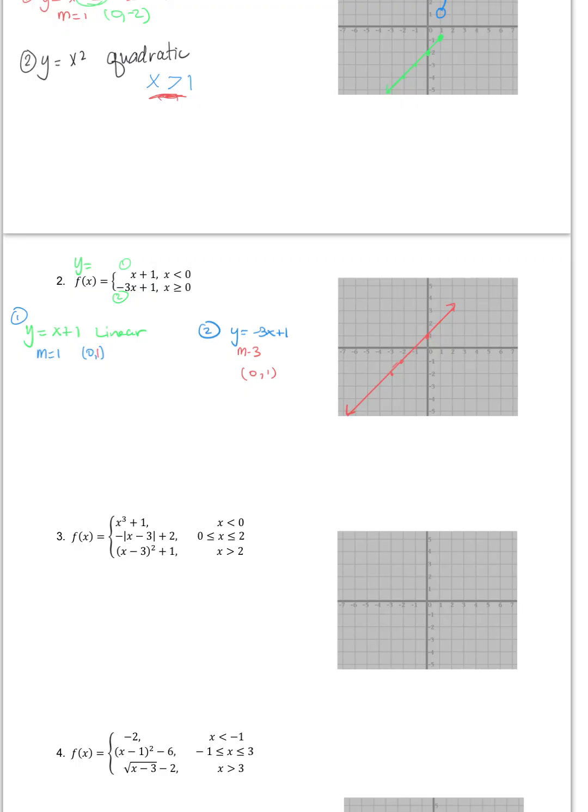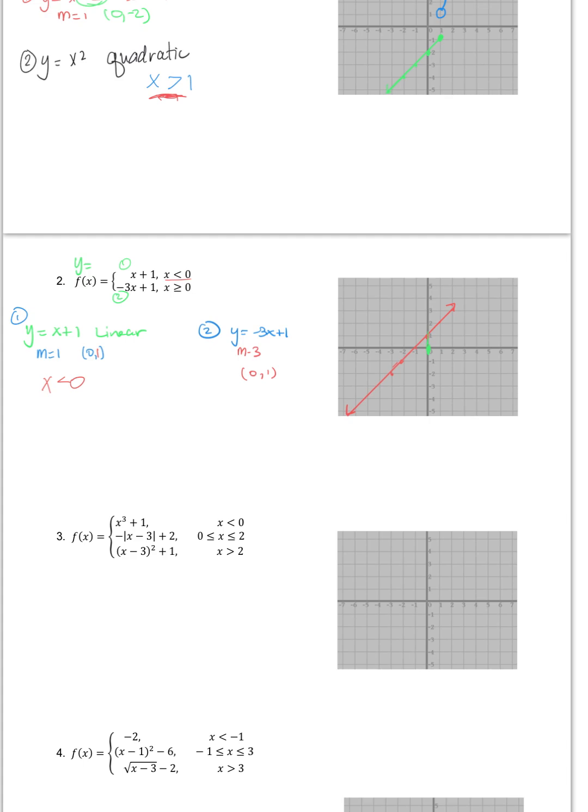Now, my domain restriction for this one is x is less than 0. So at 0, this area here, I cannot have anything to the right of it because it's less than. It's an open circle because it's only less than, not less than or equal to.